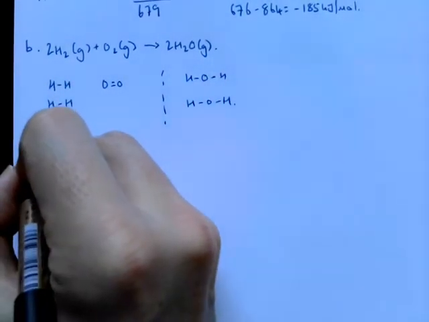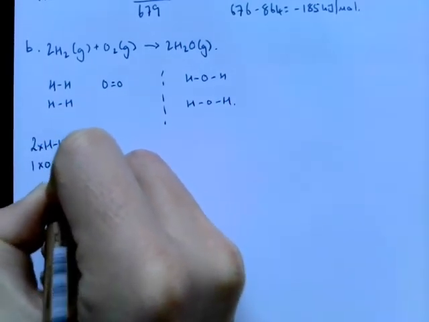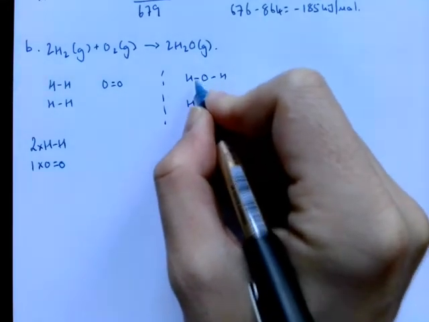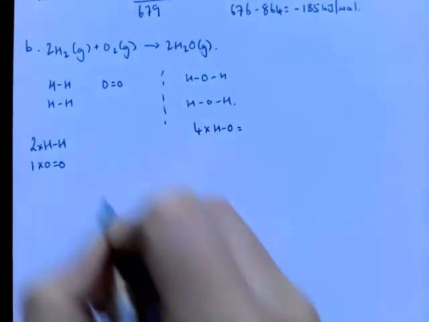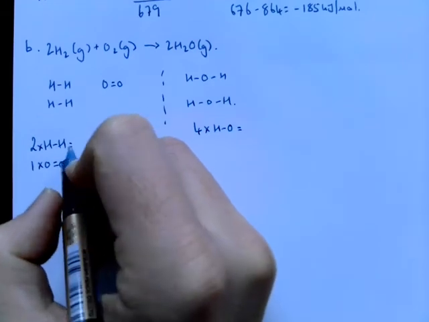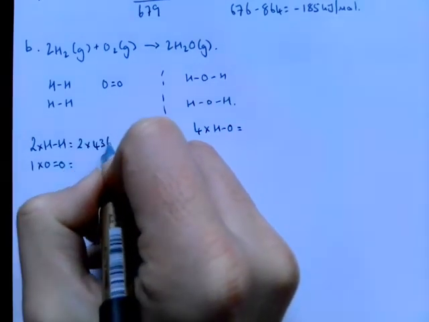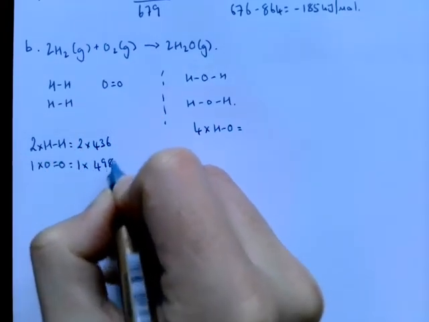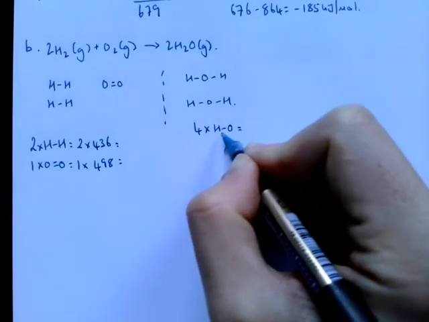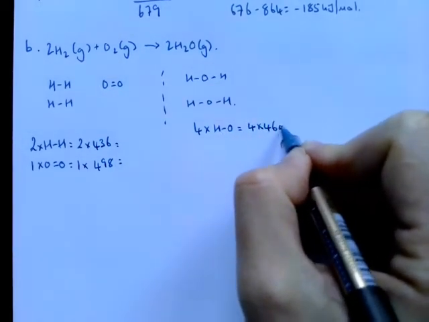I'm going to write down here, well, I've got 2 times H-H, 1 times O=O, and over here I've got 1, 2, 3, 4, 4 times H-O. So H-H is, looking at my tables, 2 times 436. O=O is 1 times 498, and my H-O bond is 464, so 4 times 464.